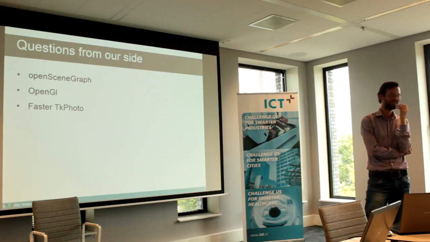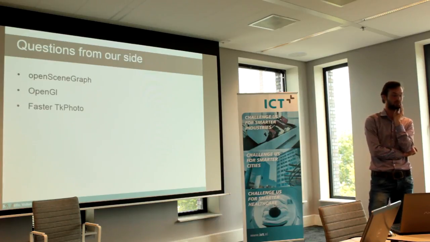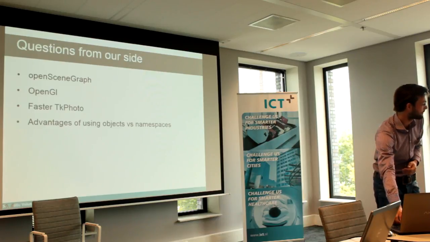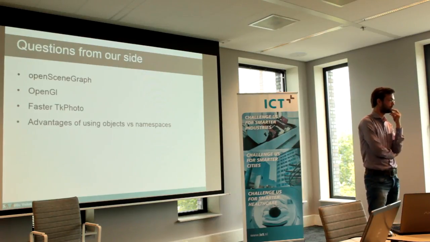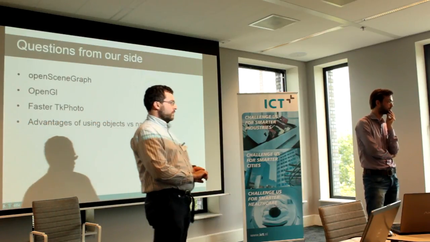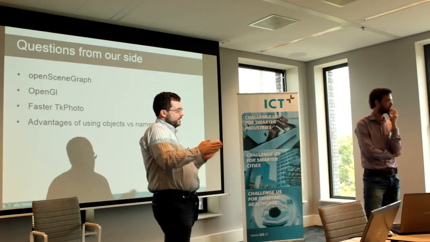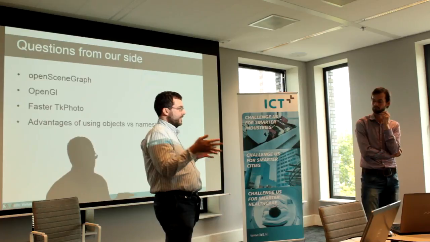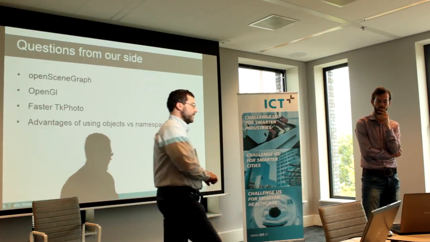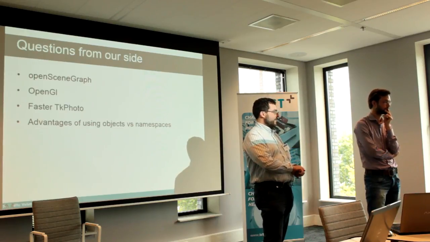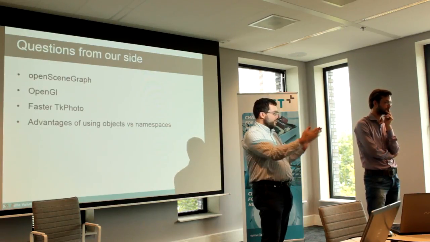A fast Tk photo is really useful for us because then the images will be shown quicker on the screen. What do you mean with Tk photo? The standard Tk photo. That is the interface where the low-level three-dimensional data in C code is converted to a 2D array of RGBA data, and then Tk photo is used to put it on a canvas.